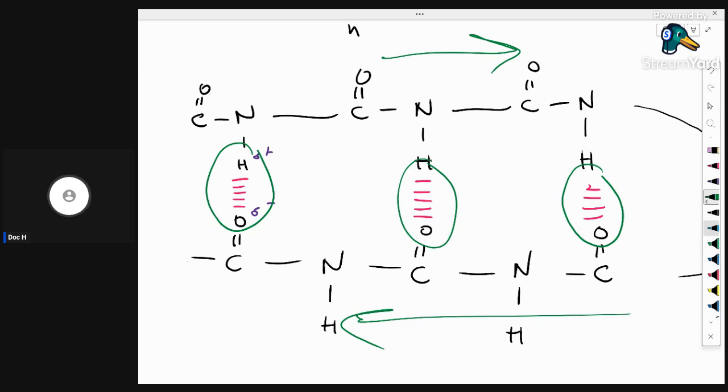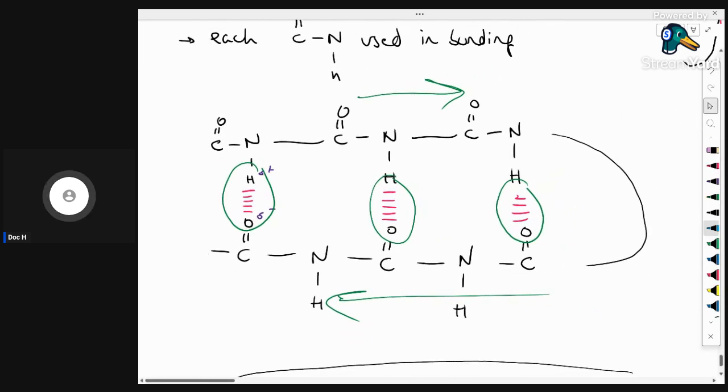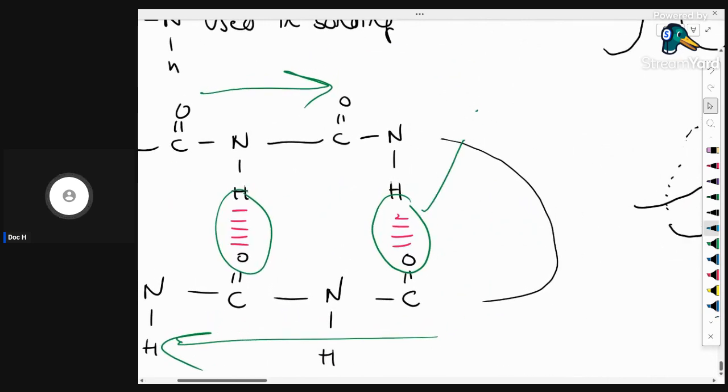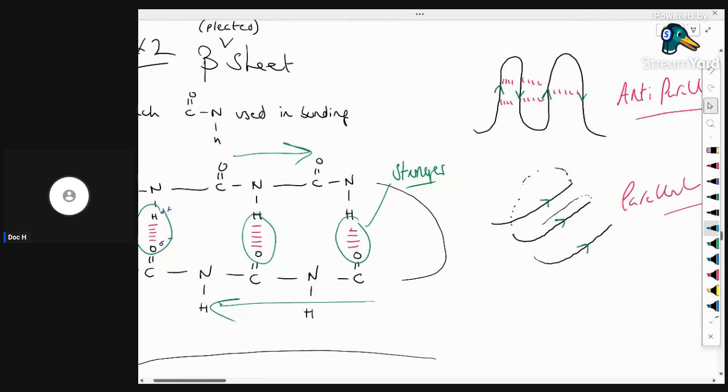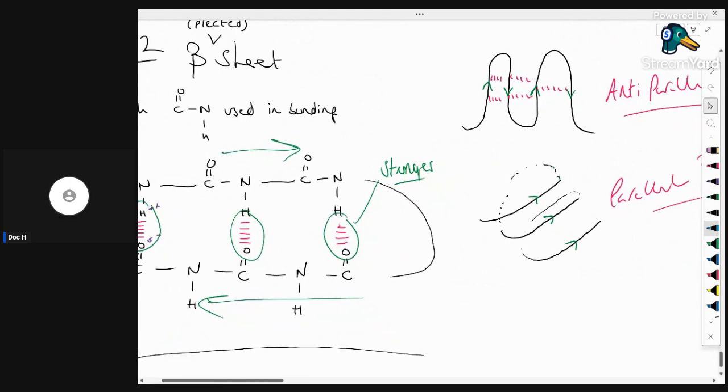So the double bond oxygen lines up nice and parallel, in a straight, head-on alignment with the NH group. Okay, that means these are stronger because they can get closer together. So you get a stronger electrostatic force of attraction.